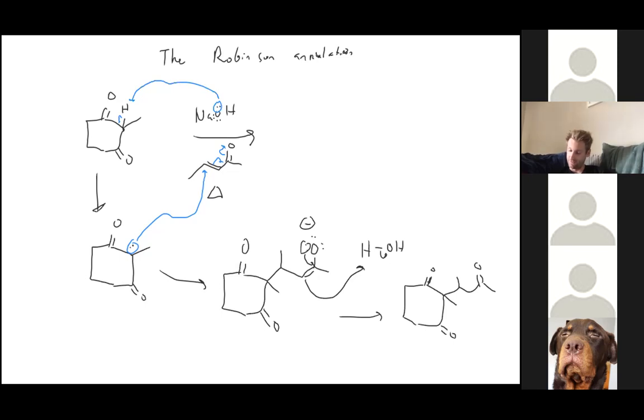So if we pull off this proton here with NaOH that we have in solution, we can have it come in, attack, make a 6-membered ring.